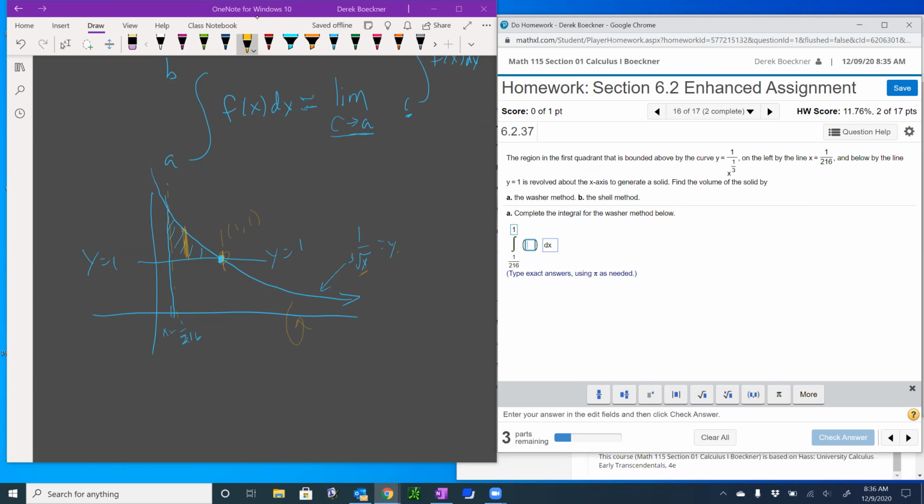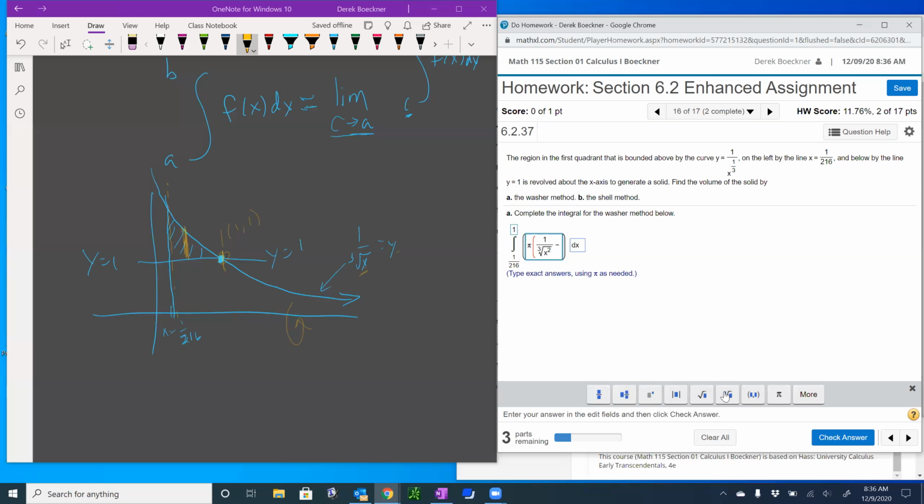This is going to be an outside radius, inside radius thing. So this is going to be a pi. The outside radius is 1 over the cube root function. So the outside radius squared is 1 over the cube root of x, but I want to square it, so I'm going to put a squared there.